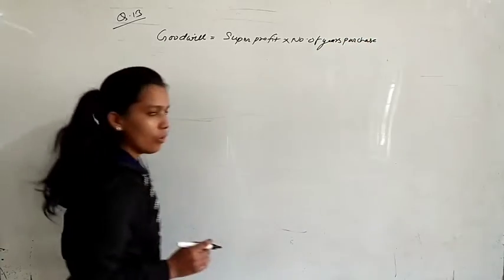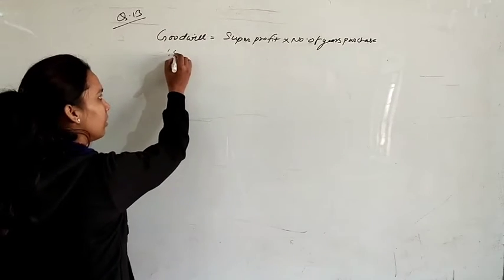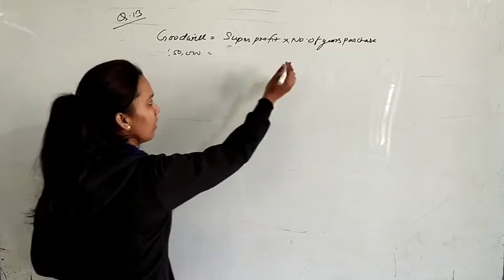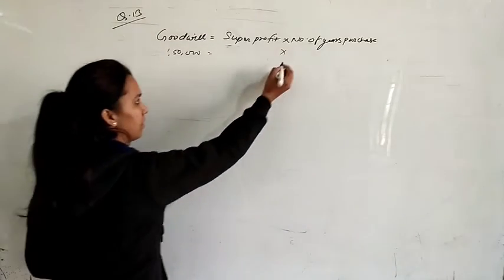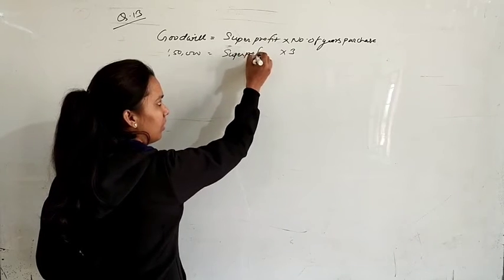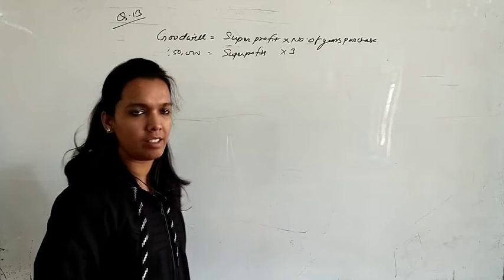So in this question goodwill is given, that is 1,50,000, equals to super profit, which we don't have, and number of years purchase, that is 3 years. According to this we will find super profit, because out of 3 pieces of information, when 2 are given, we can easily find the third.